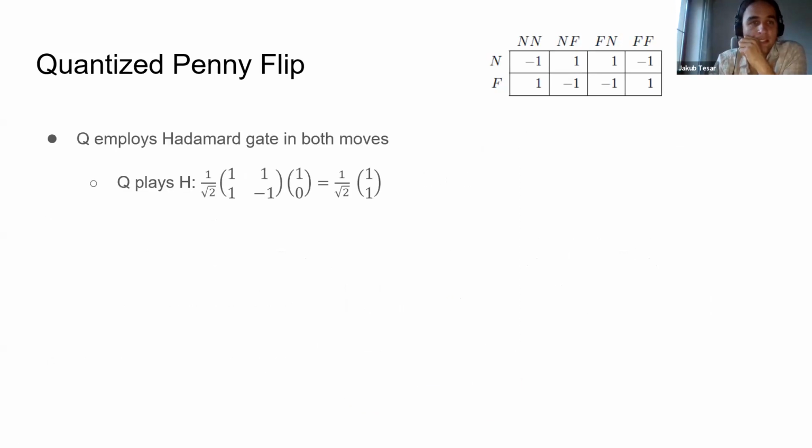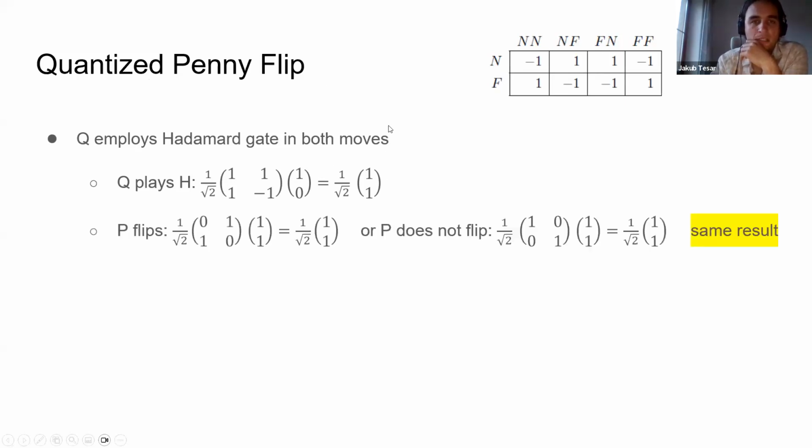And what is interesting, so we let Q play this new quantum strategy, and so he creates this superposed state, and then there is a move of Picard. Picard can either flip it or keep it, not flip it.